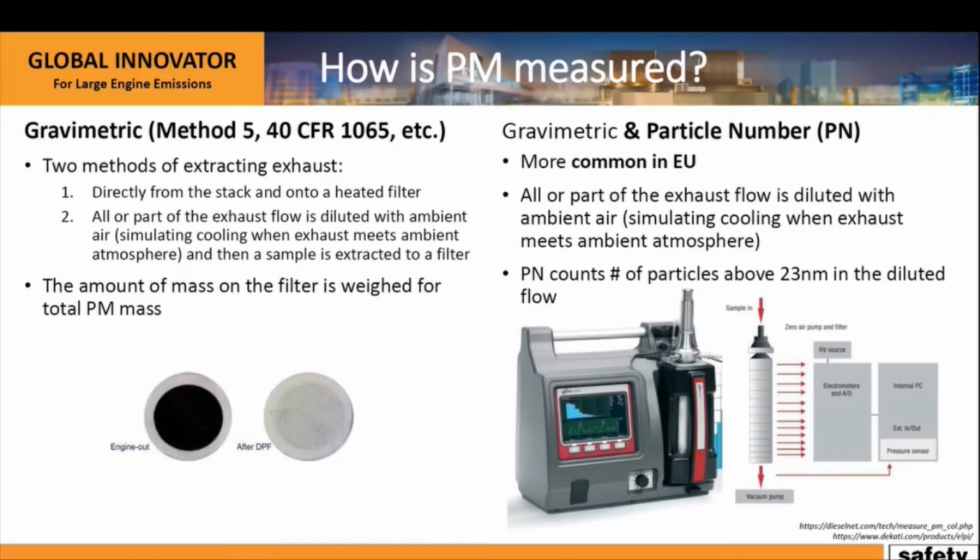This is interesting because now they're able to capture all those very small particles, which we said don't really contribute to the total mass, but there's quite a large number of them. So using these particle number counting devices, they're able to measure any particles greater than 23 nanometers, which would fall into the ultrafine particle range.